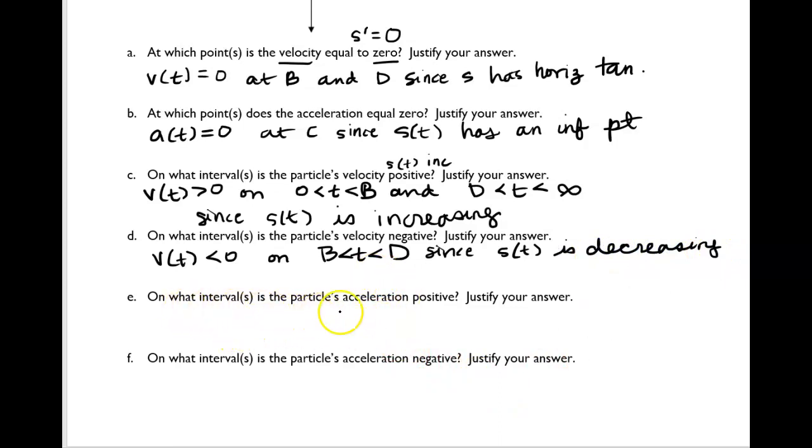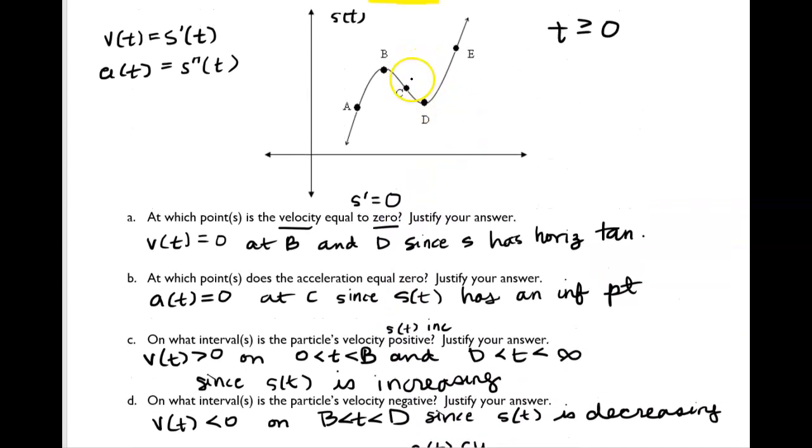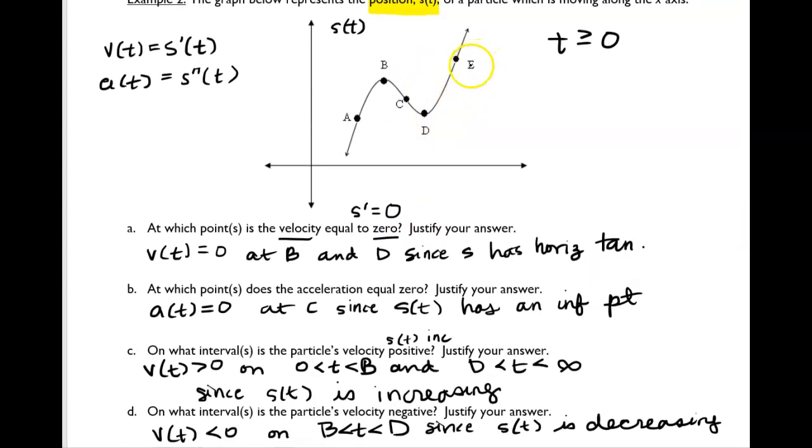E asks, on what interval is the particle's acceleration positive? And so that means s of t is concave up. The acceleration is positive means my second derivative is positive. So if we look back up at our graph, we are concave up from c to infinity.